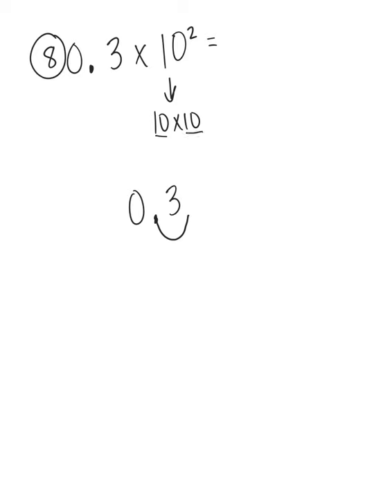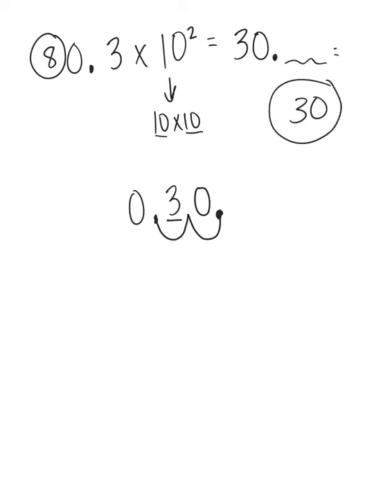And I have 2 powers of 10. So I'm not only going to move it 1 power of 10, I'm going to move it another power of 10 and put my decimal here. Okay, and fill in, so now that 3 has shifted to our tens place, and fill in your ones place with a 0. Okay, so 3 tenths times 10 to the second power is 30 decimal, really nothing, because nothing's in our decimal place value. So it's the same thing as saying 30.